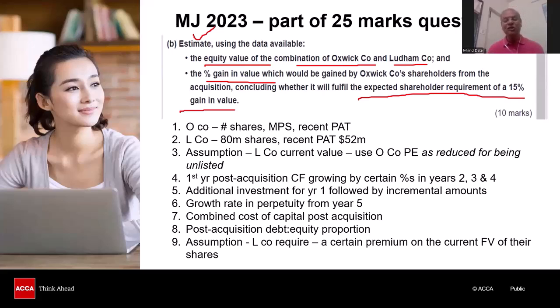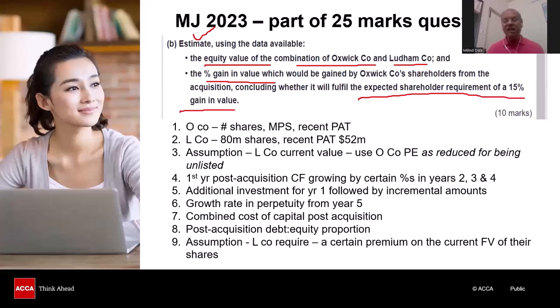So what you should do is from the total company value post acquisition, you need to deduct the value of debt based on the information given, and then the remainder will represent the equity value. In this question, for example, the combined equity value could be calculated by multiplying the equity proportion in the combined company by the total combined value of the organization.